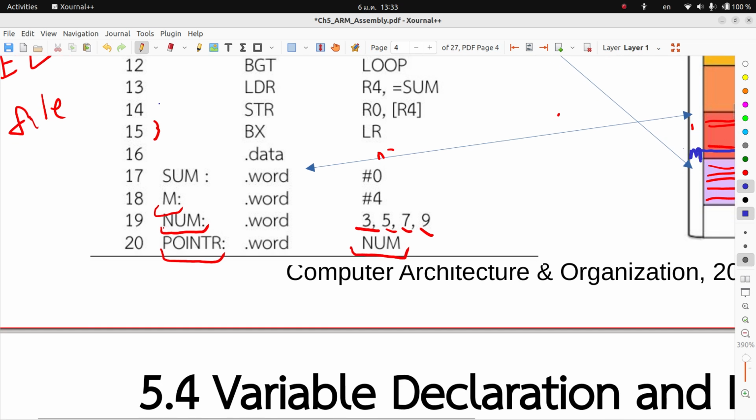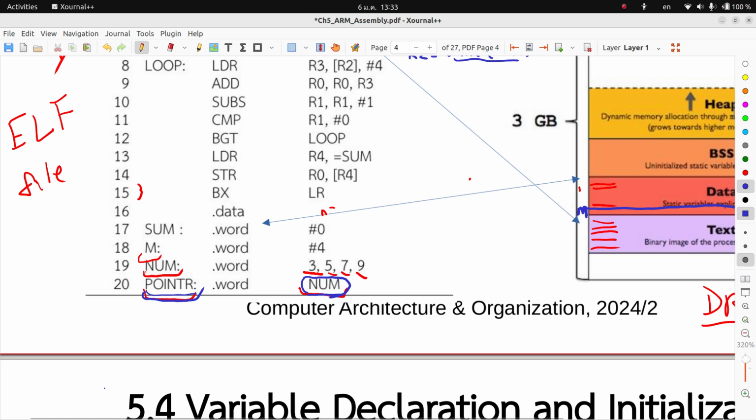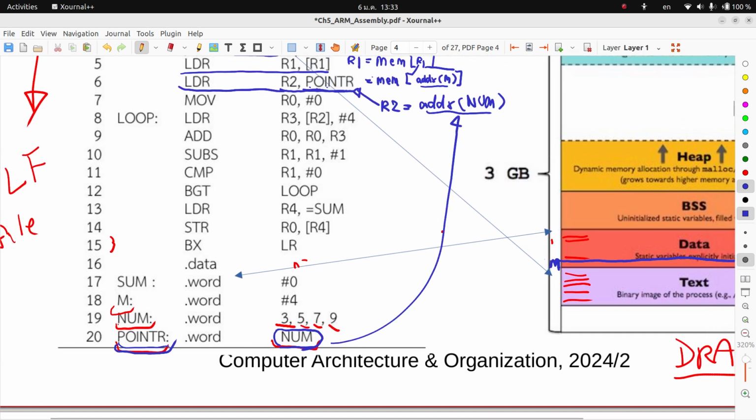Because when we declare pointer here, POINTR, it is initialized to num. That's the meaning. Okay? That's the meaning of address of num.